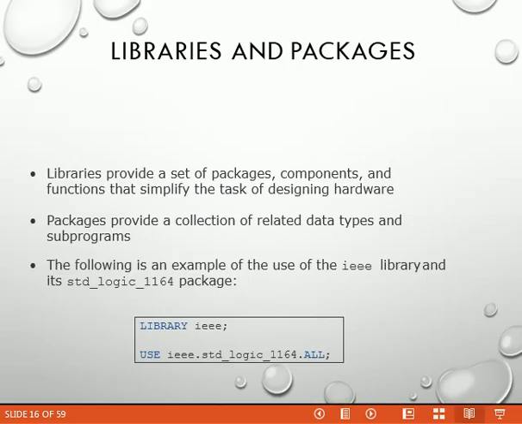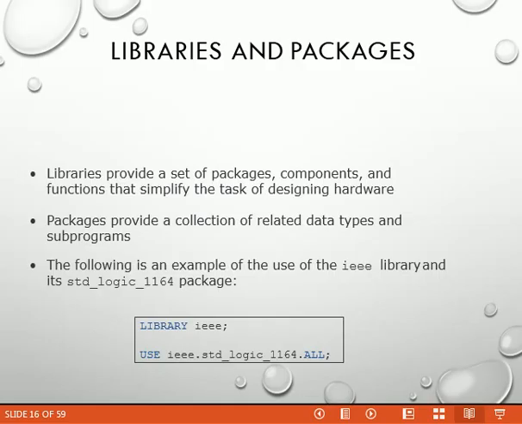These packages also provide a collection of related data types and subprograms, that means user defined programs that can also be used here, or vendor supported packages that can also be defined in the libraries.